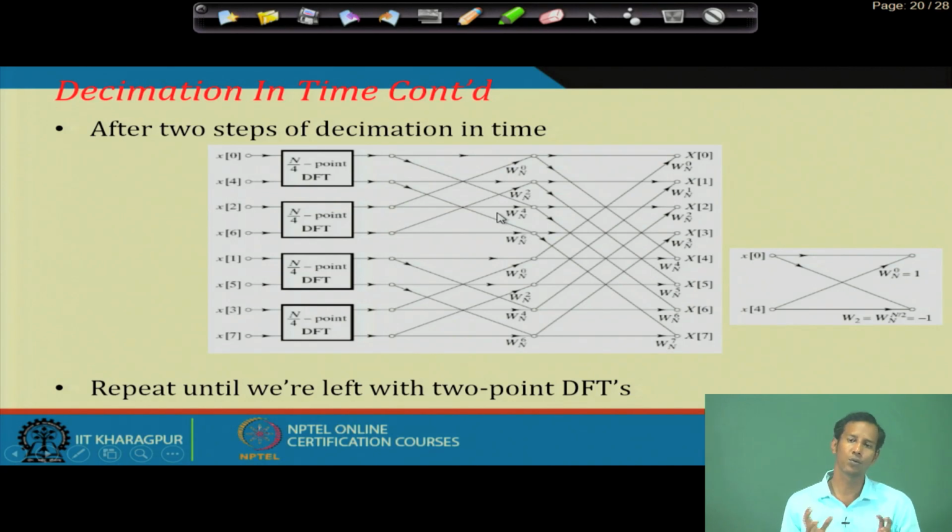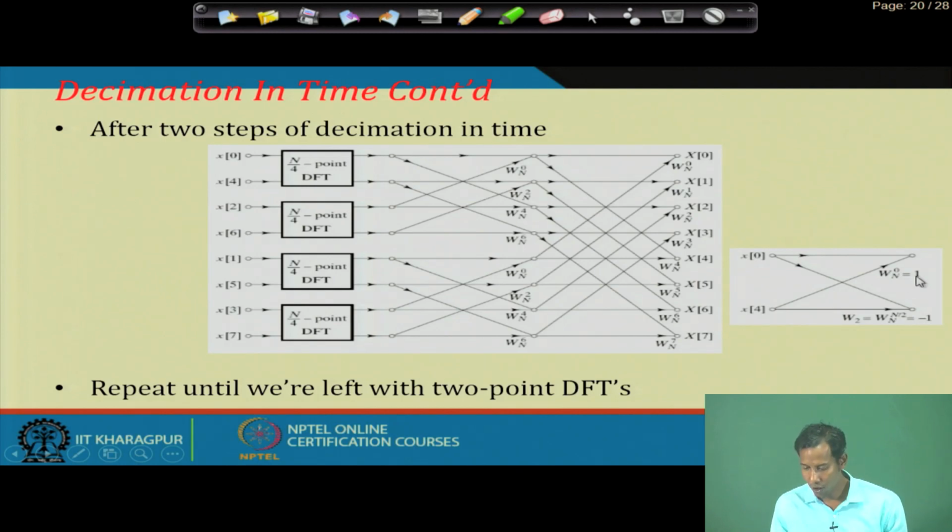Whenever we do that, the corresponding function will give you two parts, one is the real part and one is the imaginary part. In this butterfly operation you can see that this particular node is multiplied with the coefficient value of 1 and this particular edge is multiplied with the term -1.